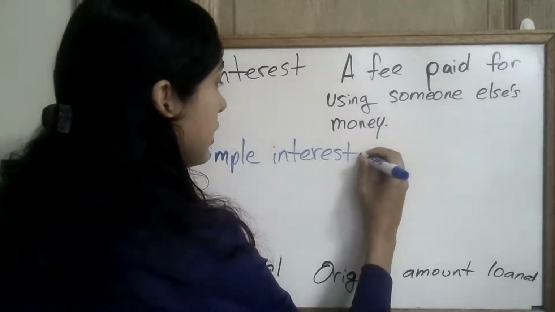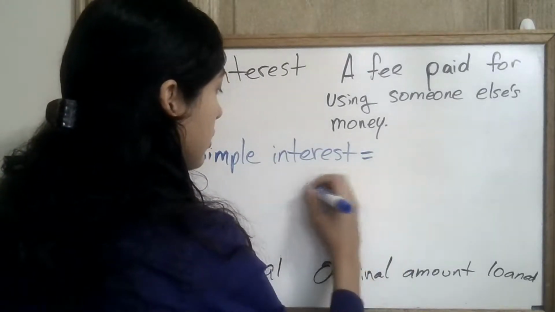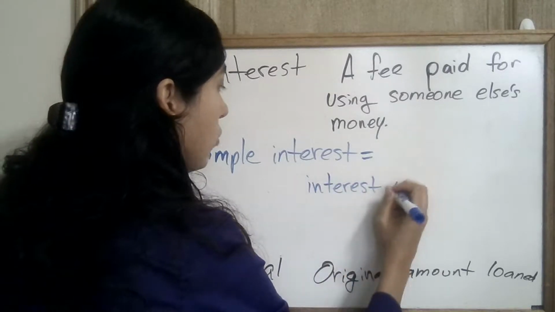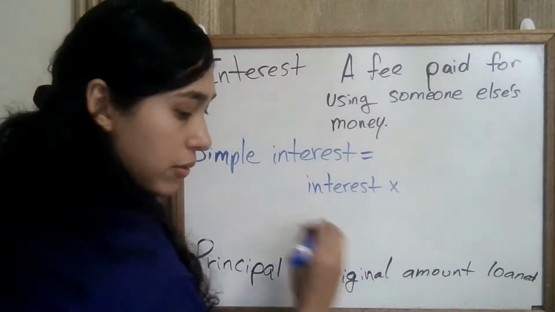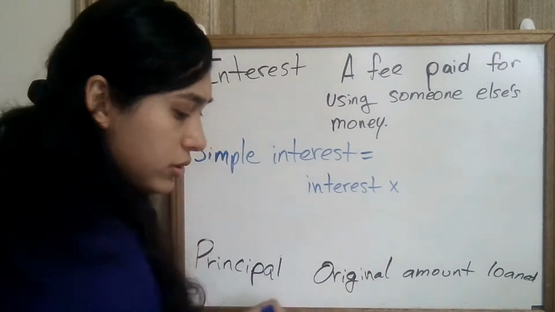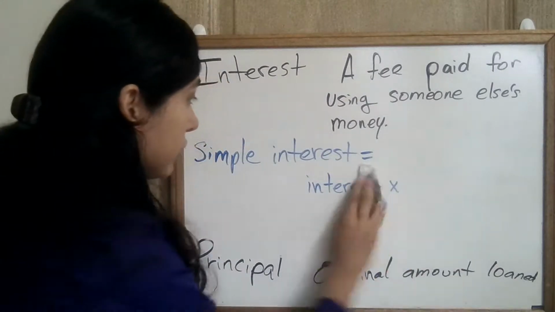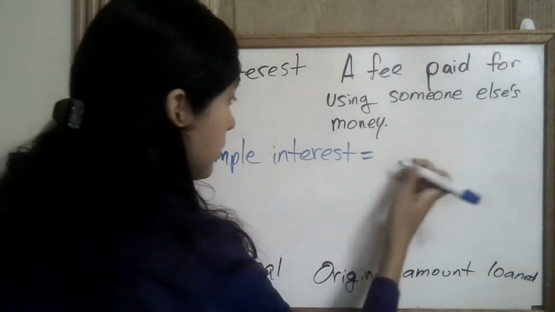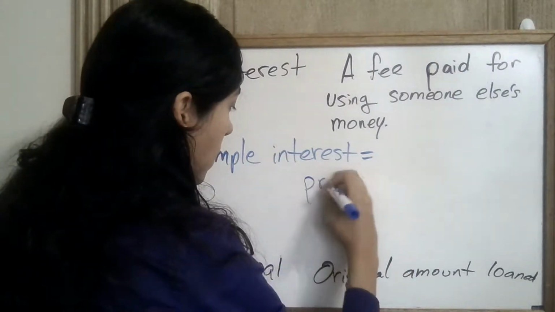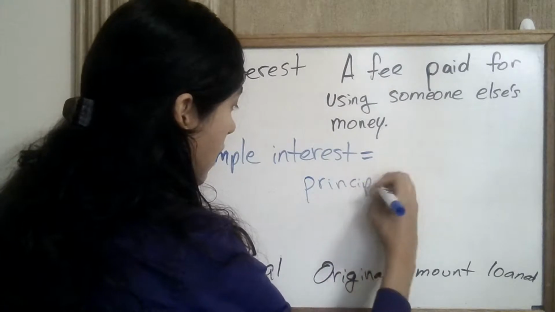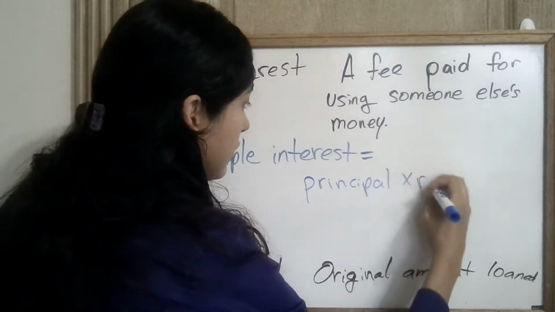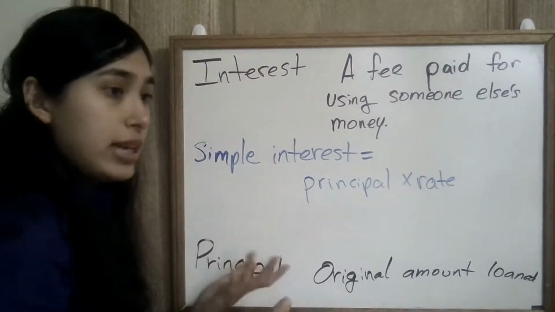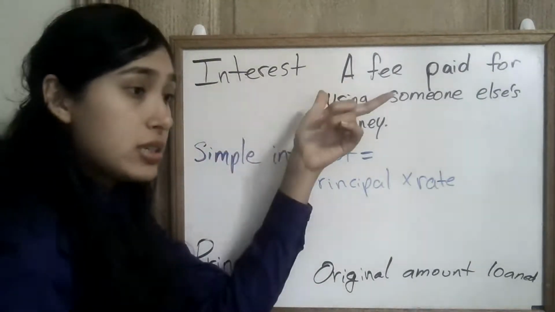Simple interest is a type of interest where it's your principal multiplied by your rate, like a 5% interest rate.